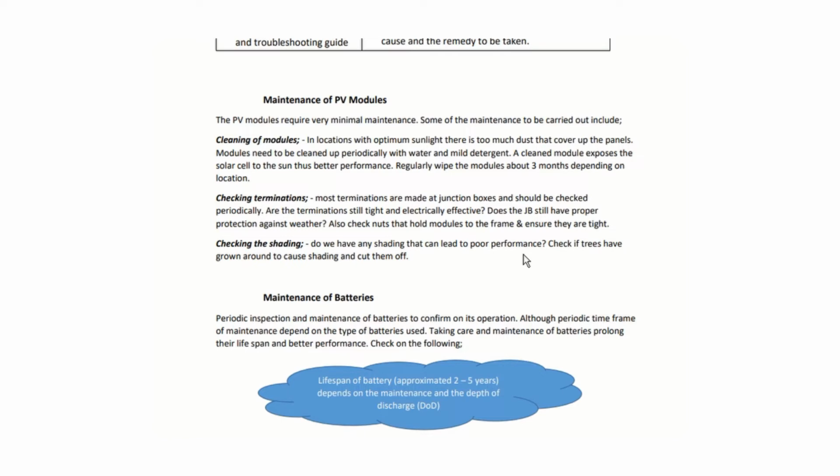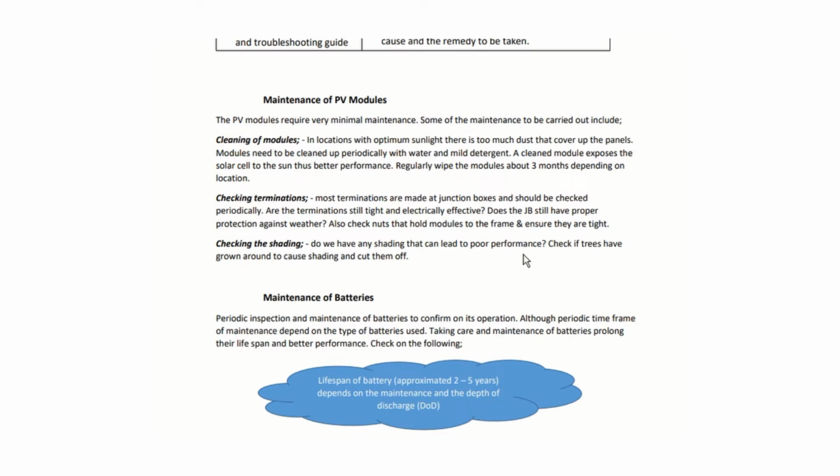Some of the maintenance to be carried out includes cleaning of modules in areas where there is maximum sunlight, and especially in arid and semi-arid areas, where there is too much dust that covers the panels. Modules need to be cleaned periodically with water and mild detergent. A clean module exposes the solar cell to the sun, thus better performance.